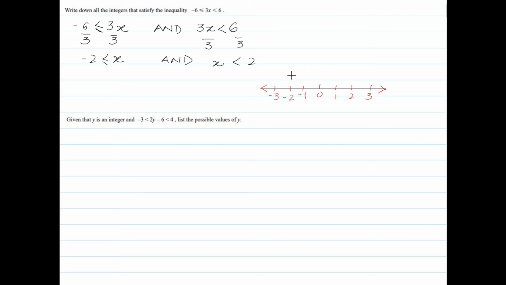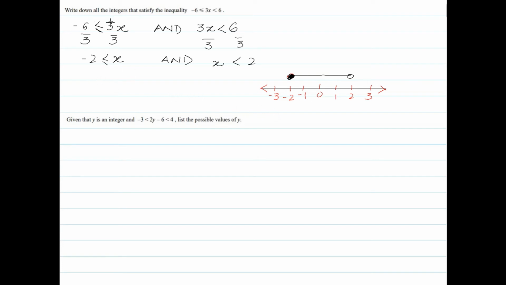Your answers are more than or equal to minus 2, including minus 2. Minus 2 is included in your answers. And your answers are less than 2. So no equality sign, so we draw a hollow circle here.